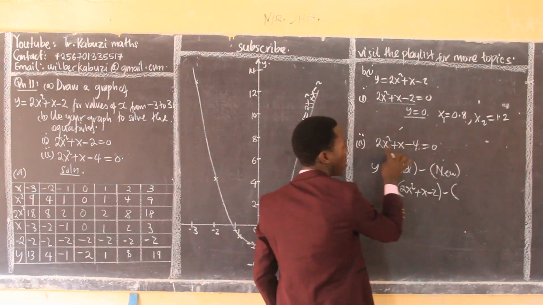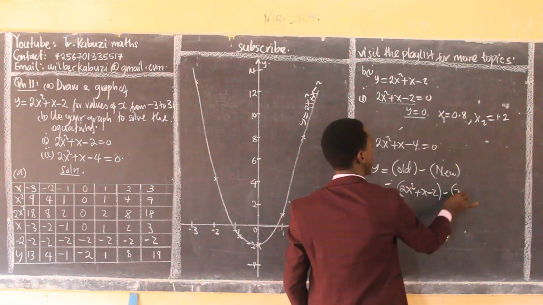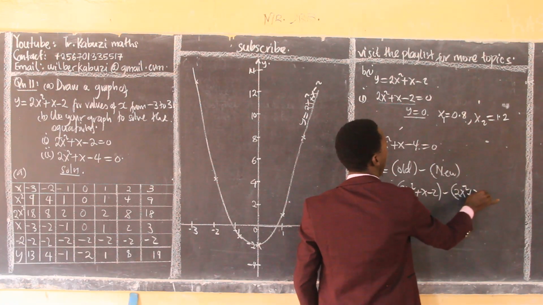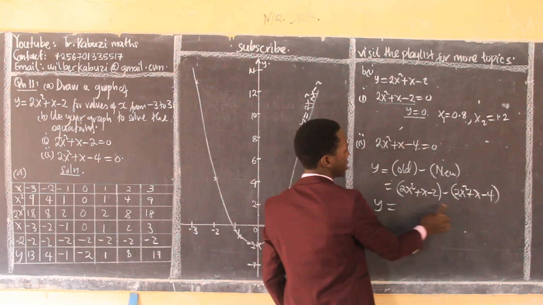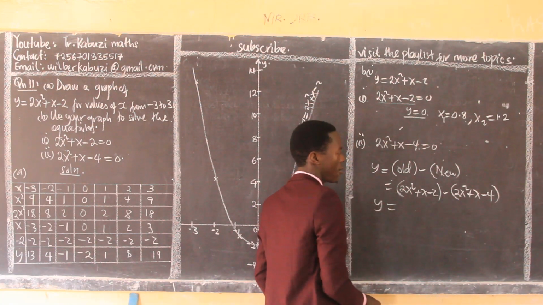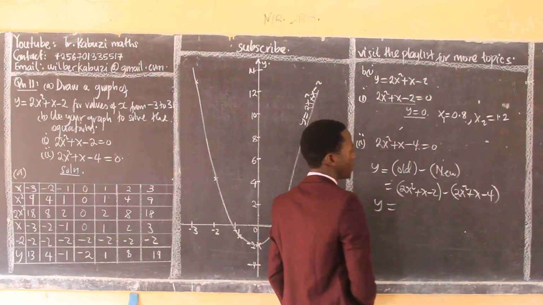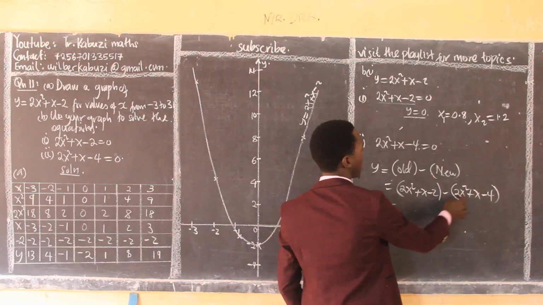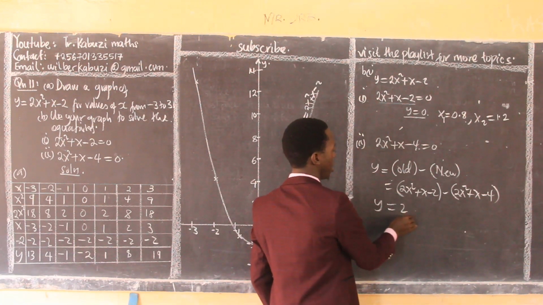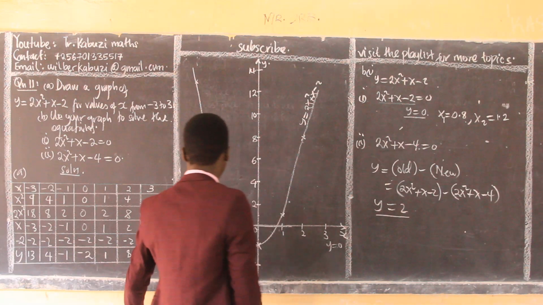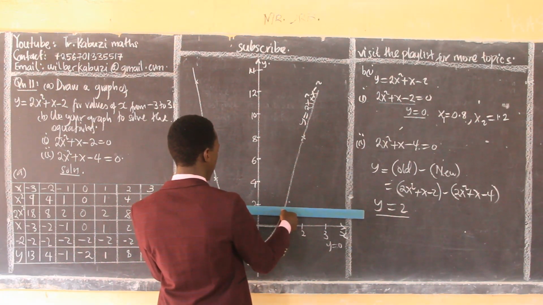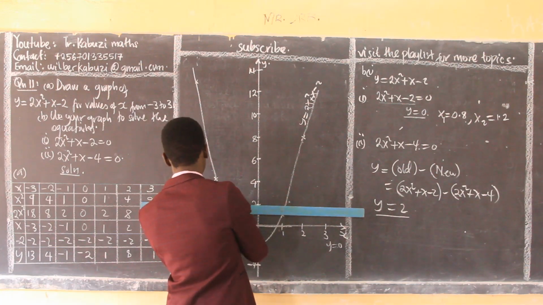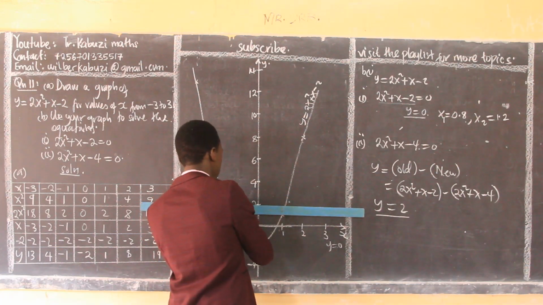Then minus the new curve, which is 2x squared + x - 4. When you subtract, 2x squared minus 2x squared is 0, x minus x is 0, and negative 2 minus negative 4 gives us 2. Now I look for that line y equals 2. I come there, then I draw that line. Use dotted lines.